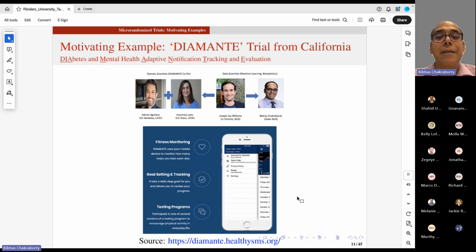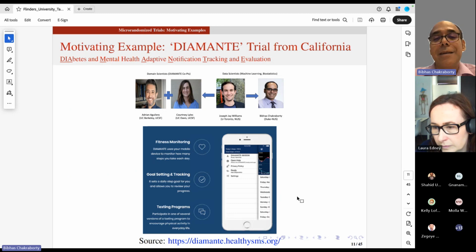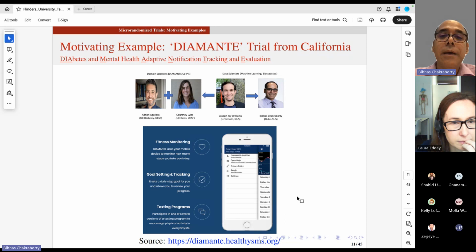The PIs, the behavioral scientists, came to the computer scientist to do some machine learning type algorithms embedded in their app-based trial. But my computer scientist friend, who was not experienced with trial designs as such, got me into the loop, and that's how we all work together in this Diamante trial.